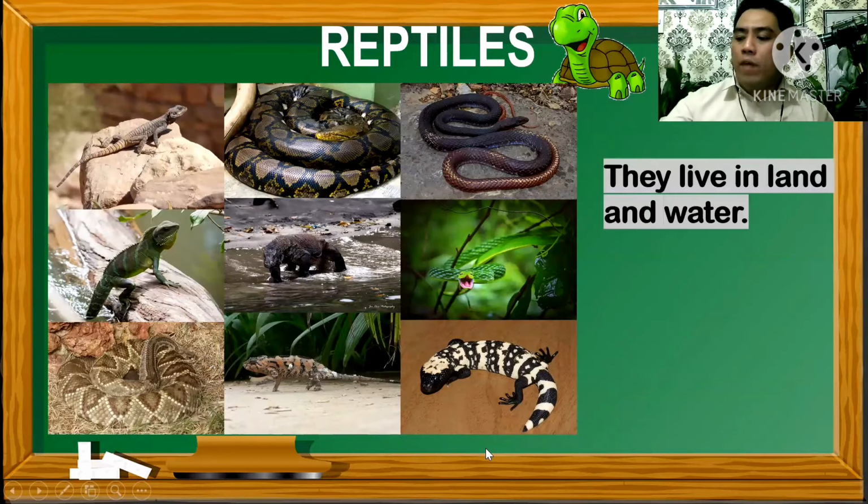So they live on land and in water. Okay. So most reptiles live on land and in water, but most of the time reptiles want to stay on land. But still they can survive on land and in water.